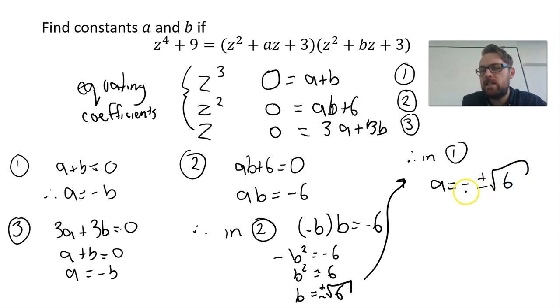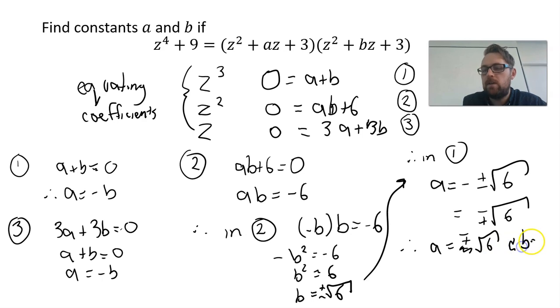Now you may or may not have seen this before, so negative of plus or minus. If I do a negative of a plus, I get a negative. If I do a negative of a negative, I get a positive. So instead of plus or minus, it's going to be minus or plus. So therefore, a equals minus or plus root 6, and b equals plus or minus root 6.